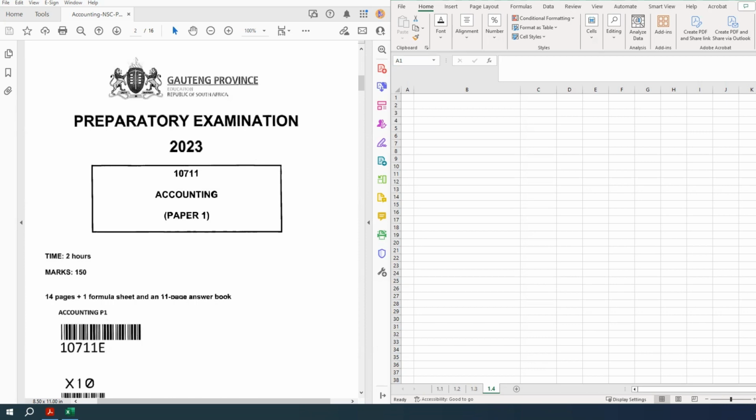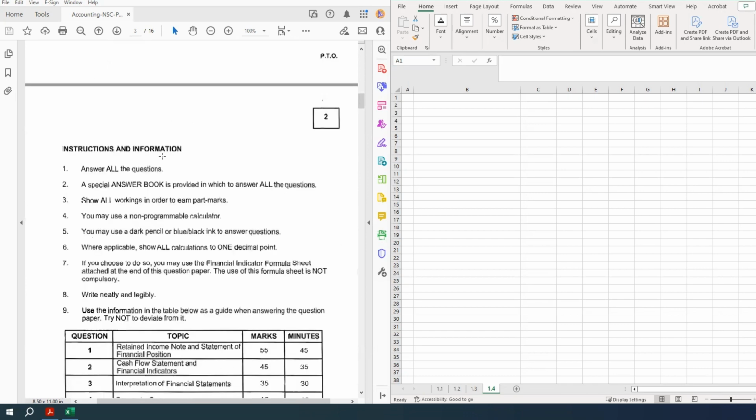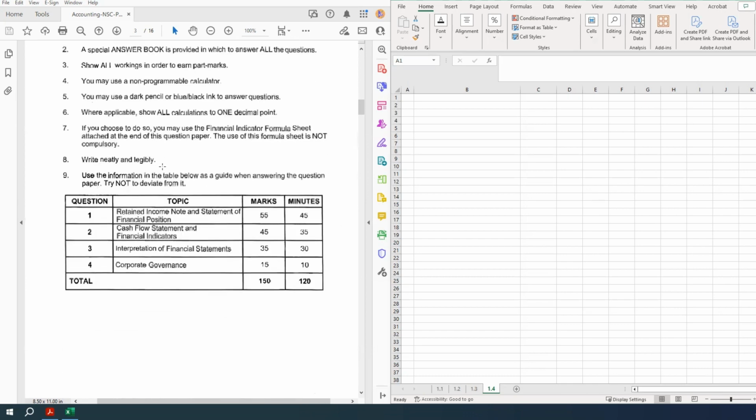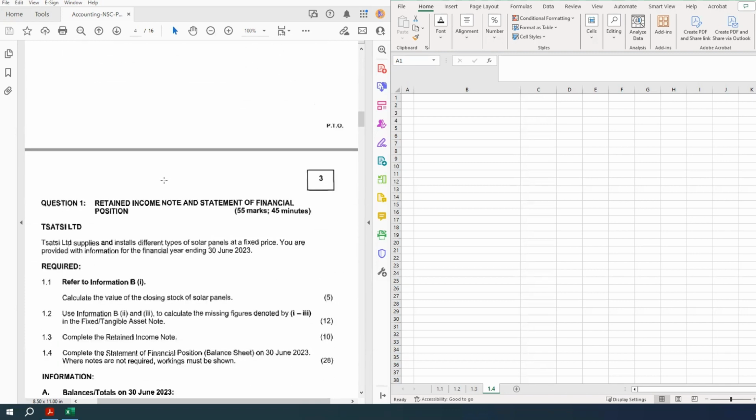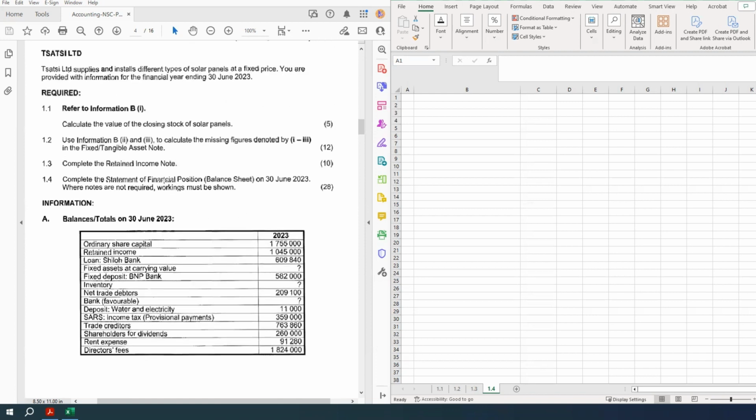All right, so let's proceed with this paper here. So as mentioned, we're looking at question 1, so retained income and statement of financial position. So this is Tsatsi Limited. The question that we'll be looking at today is question 1.4. The requirement is to complete the statement of financial position, so the balance sheet, on 30th of June 2023.